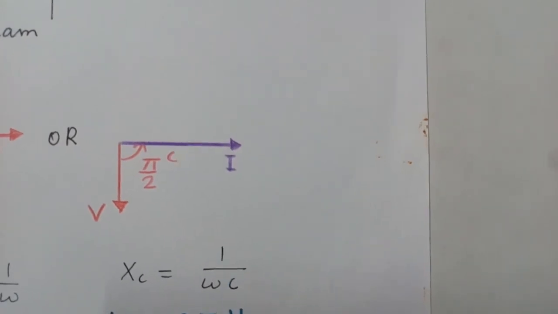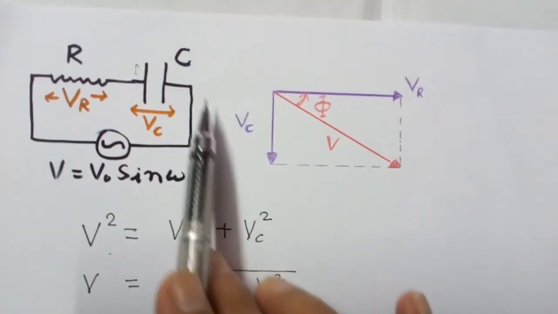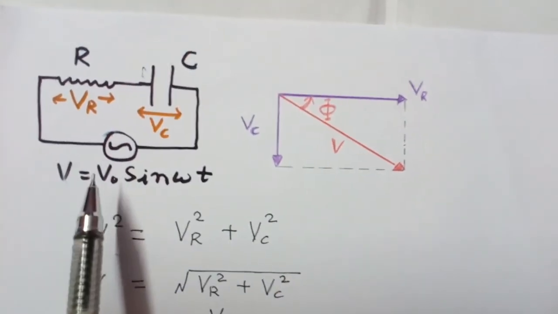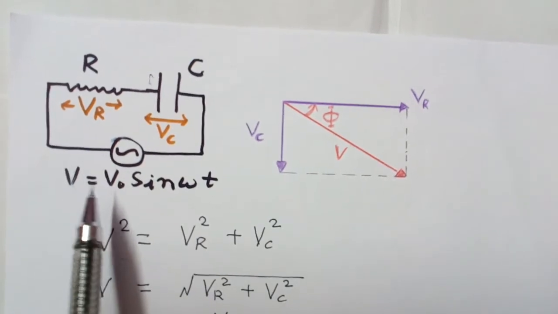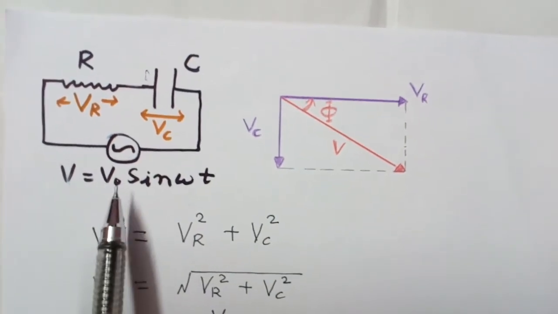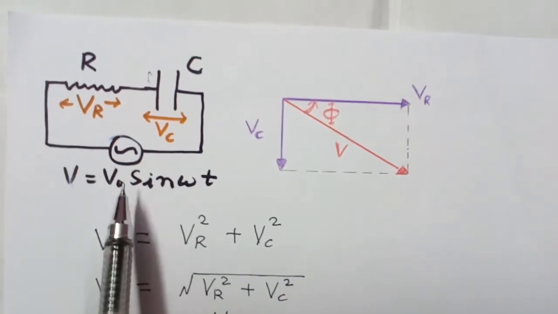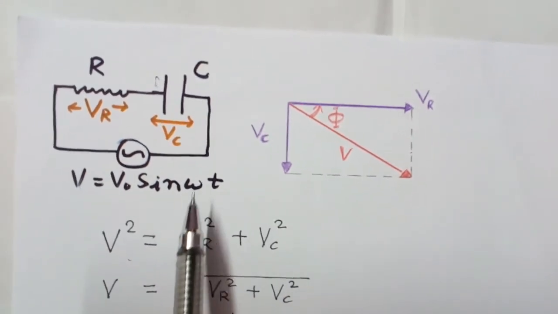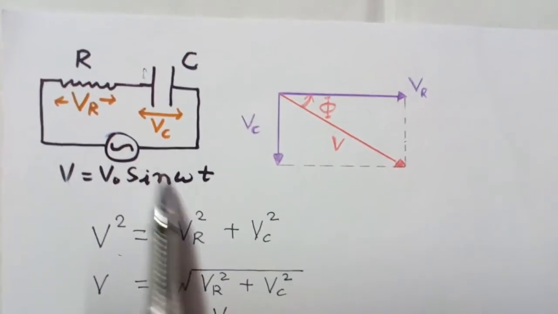So when we connect this resistance and capacitor in series like this, then at any instant voltage V is given by this formula, V is equal to V naught sin omega t, where V naught is maximum value of voltage or peak value of voltage, omega is angular frequency of alternating current, and t is time.